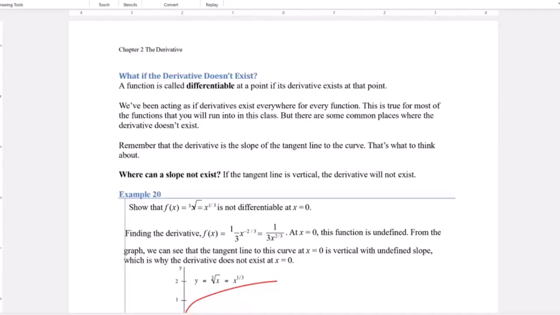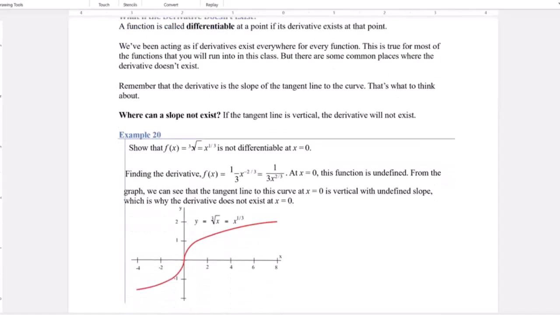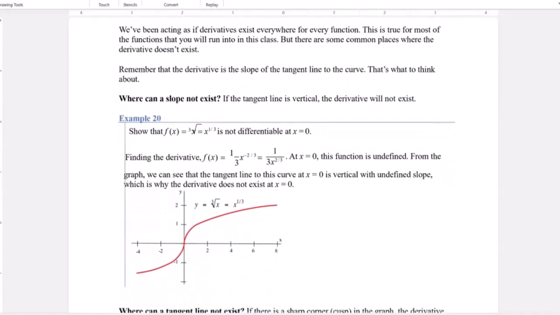This is true for most of the functions that you will run into in this class, but there are some common places where the derivative doesn't exist. Remember that the derivative is the slope of the tangent line to the curve. That's what to think about. So where can a slope not exist? If the tangent line is vertical, the derivative doesn't exist.